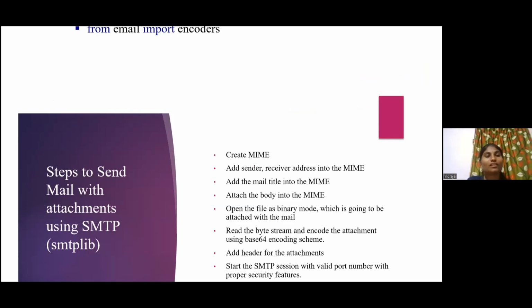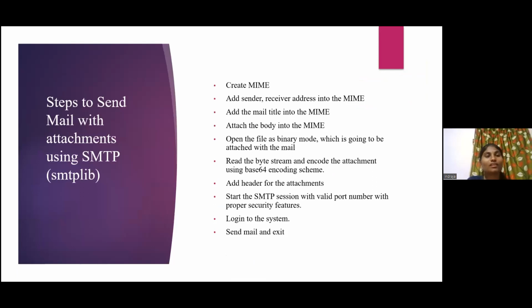Here are the steps to send mail with an attachment using SMTP. Firstly, we have to create the MIME. Then we add the sender and receiver addresses into the MIME. Then add the email title into the MIME. Attach the body. Then we convert the data into binary mode, then again to the original content.